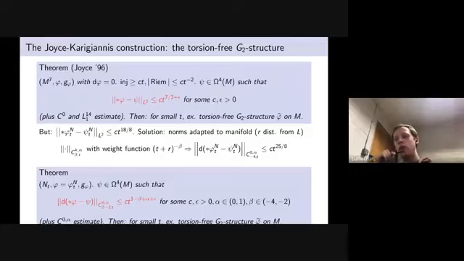If we have this G2 structure phi and T, and the four-form psi, such that d of star phi minus psi measured in this norm is less than or equal to T to the 1 minus beta plus alpha plus epsilon, then for small t there exists a torsion-free G2 structure phi tilde on M.